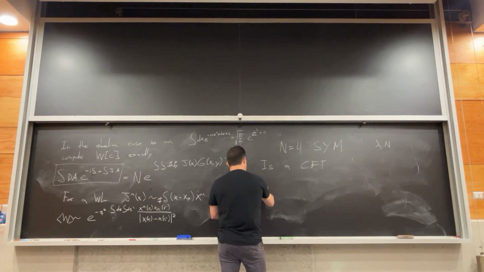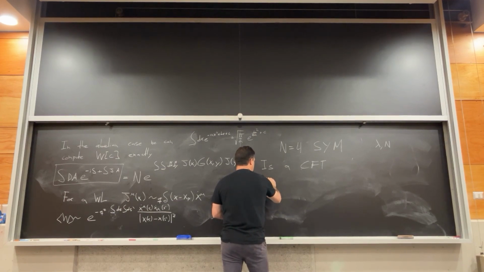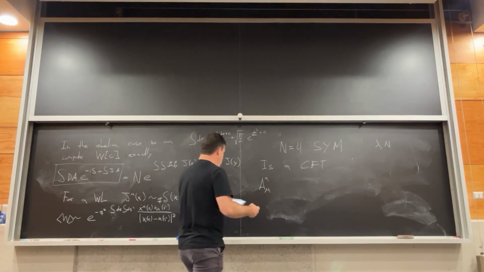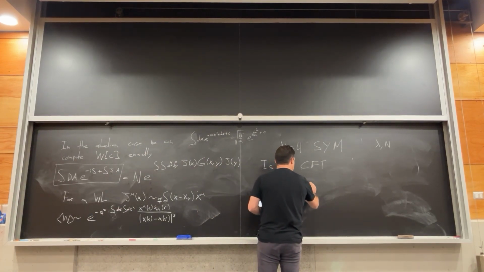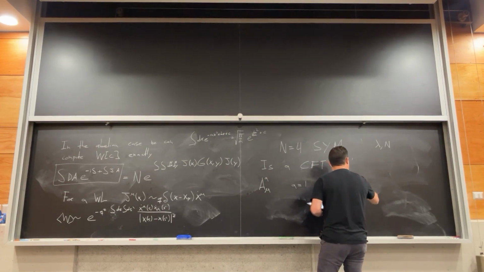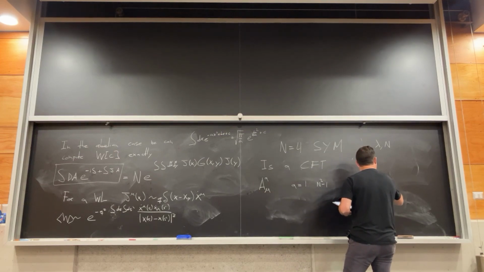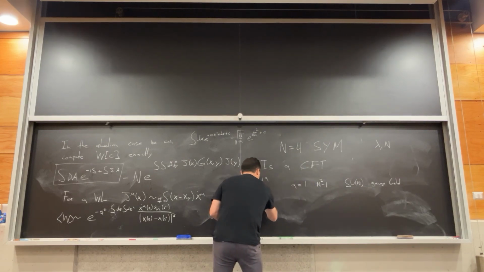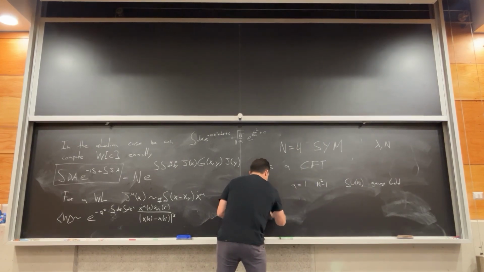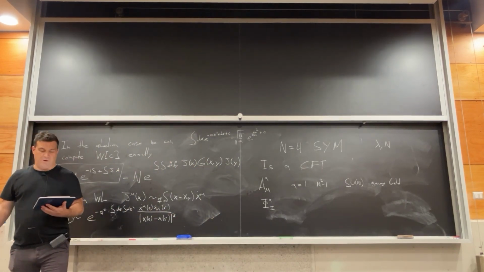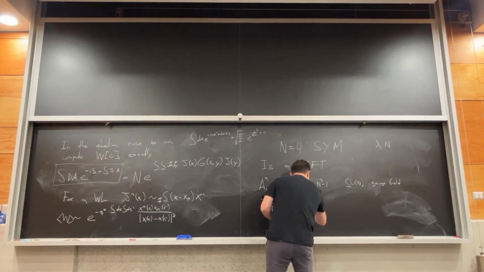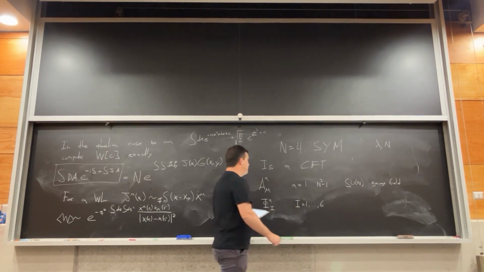Anyways, so this is a gauge theory. We have one field, A_mu, right? Which I wrote last lecture, right? So A goes from 1 to N squared minus 1. So this is SU(N). Okay? And then in addition to that, you have 6 scalar fields, 1 through 6.